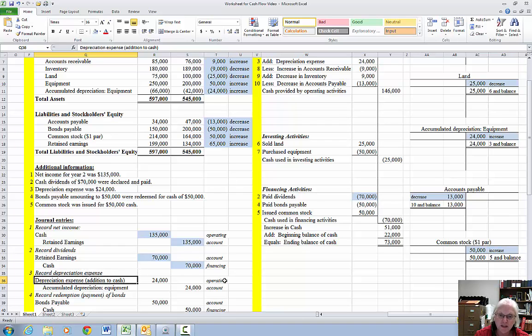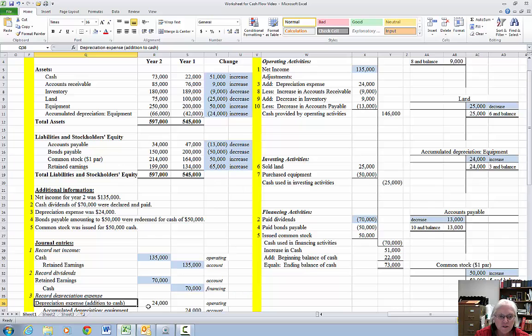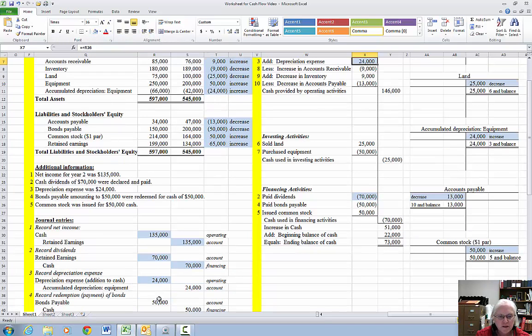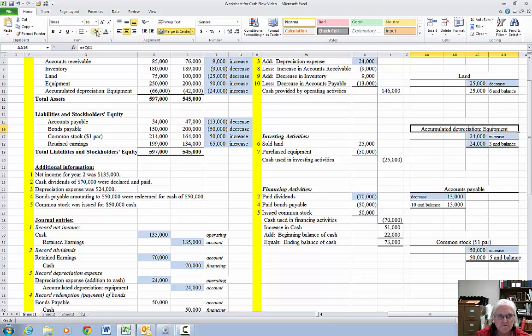So I want to debit cash in the operating section. We're going to add depreciation expense, so 24, and I'm going to credit the accumulated depreciation for 24 in the account. That explains the change in the account. Done with it.